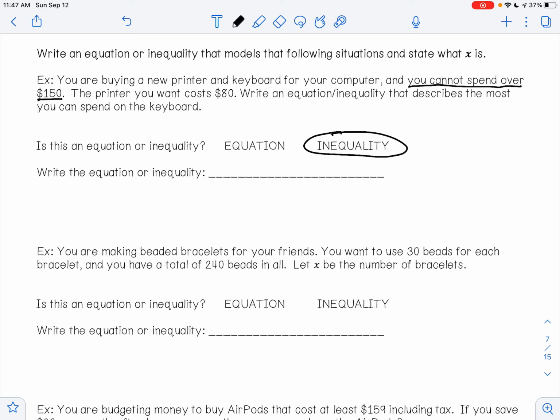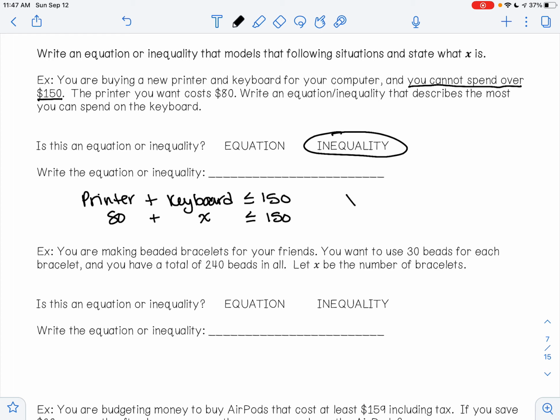So my inequality would be the cost of my printer plus the cost of my keyboard. And if the most I can spend is $150, then my symbol would be less than or equal to $150. I know that the printer costs $80. I don't know what the keyboard costs, so I'm going to let that be X, and that would be less than or equal to $150.